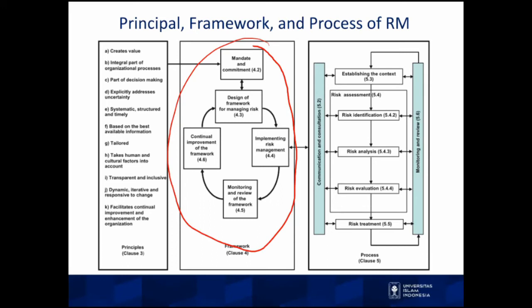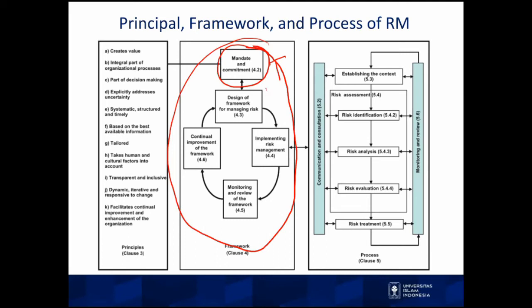It's similar to plan, do, check, act, which I believe you are already very familiar with. The principles of risk management become the mandate and commitment, which is the target of the plan, do, check, act cycle.